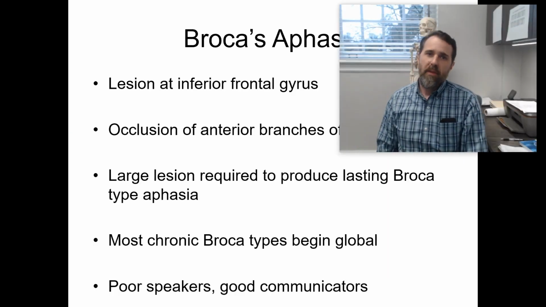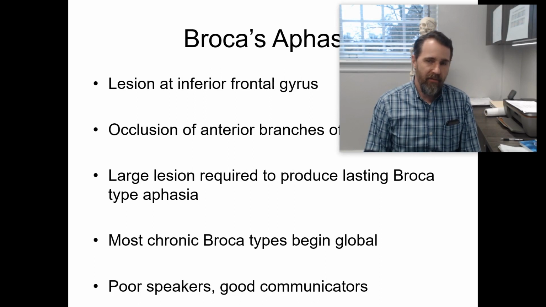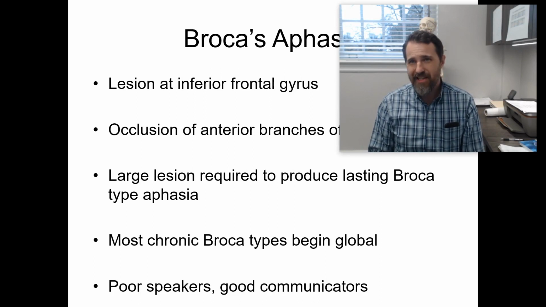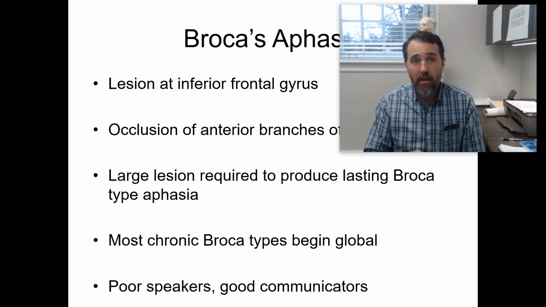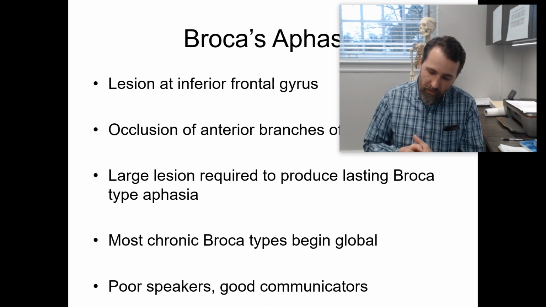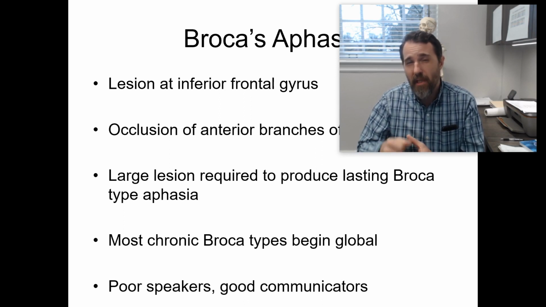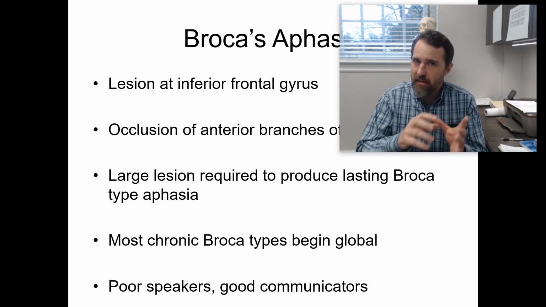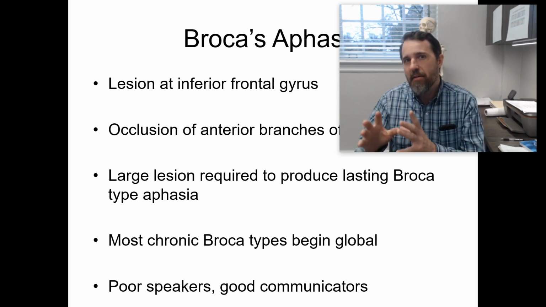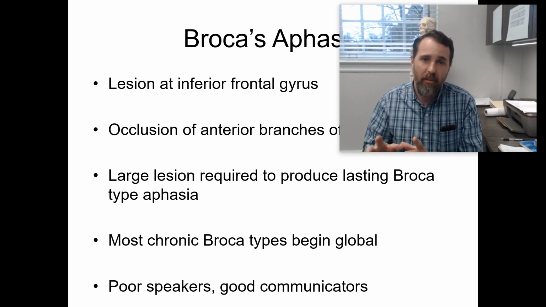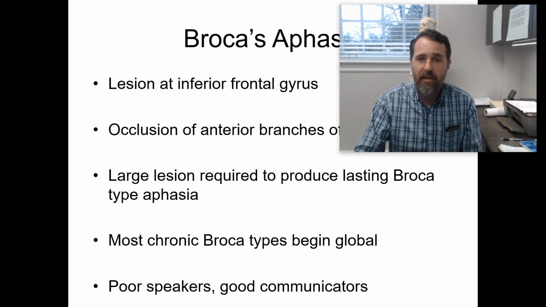So let's start with Broca's aphasia. As I've already mentioned, Broca's aphasia is the result of a significant lesion at or around Broca's area. And it's usually due to an occlusion, so a stroke, among the anterior branches of the left middle cerebral artery that are responsible for supplying freshly oxygenated blood to Broca's area.